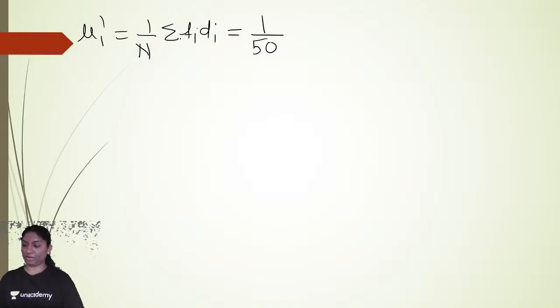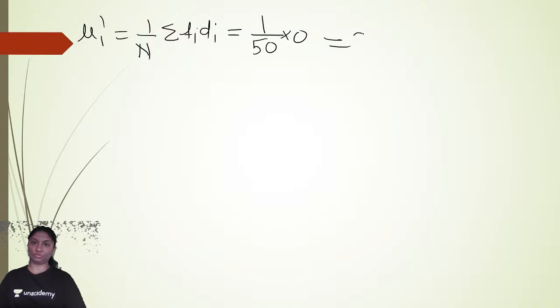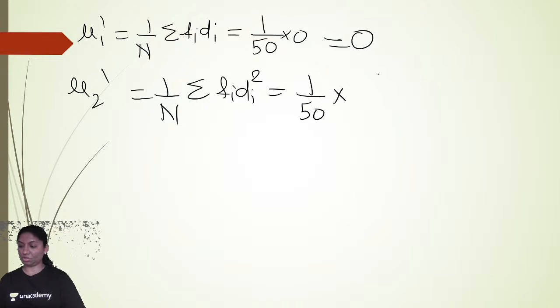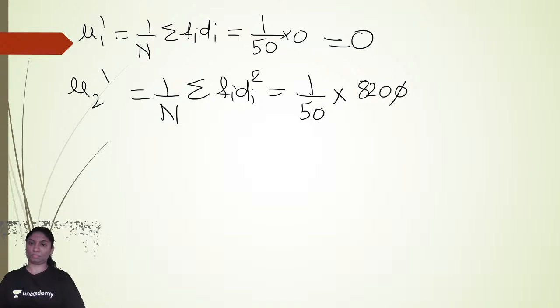So 1 upon 50 into summation of fi di is 0, so 0. mu2 dash is equal to 1 upon n summation of fi di square is equal to 1 upon 50 into summation of fi di square 8200, which is equal to 164.